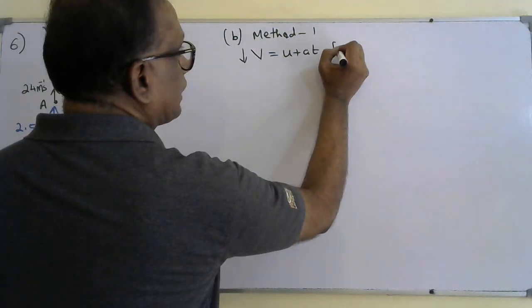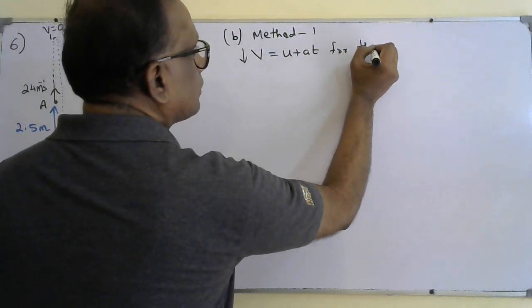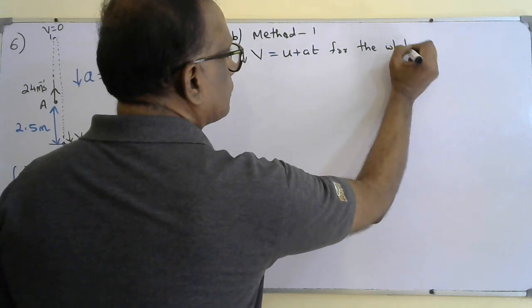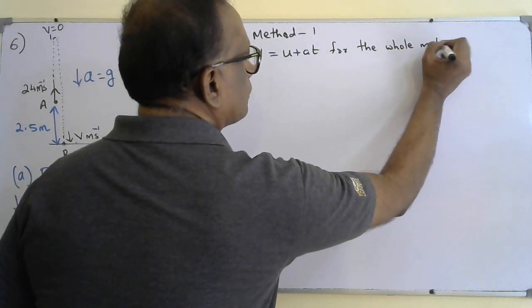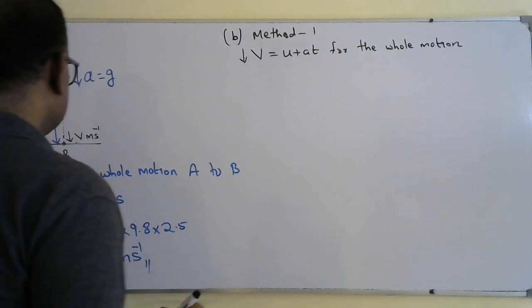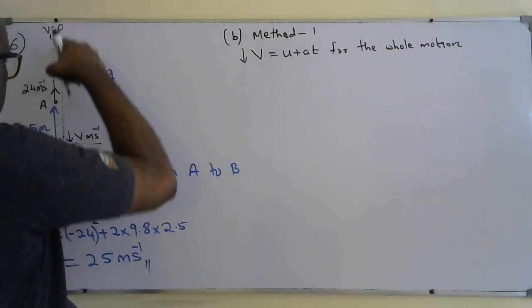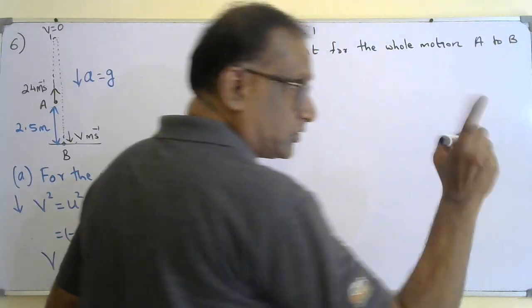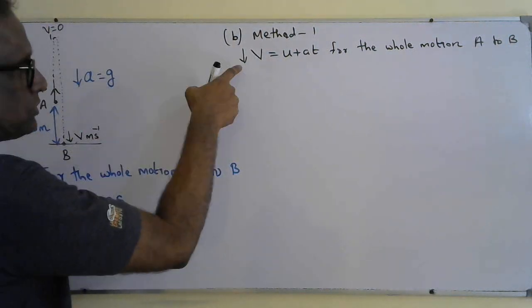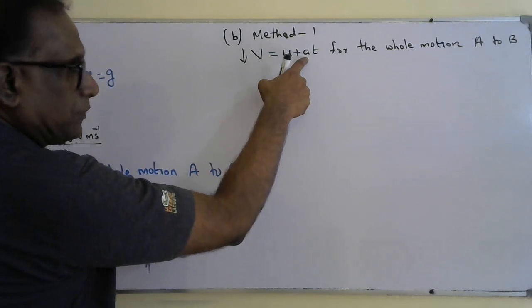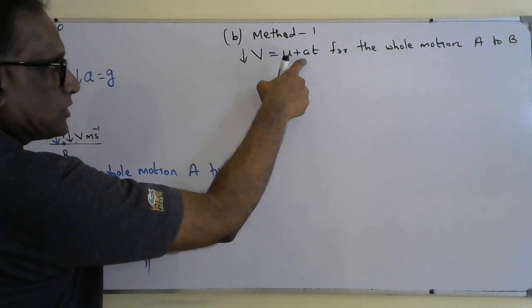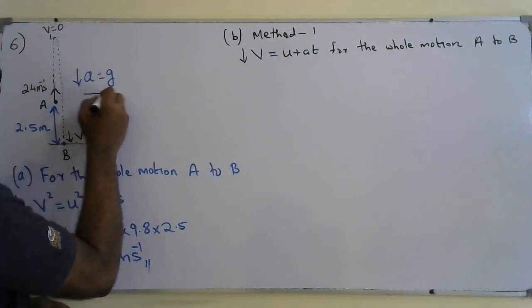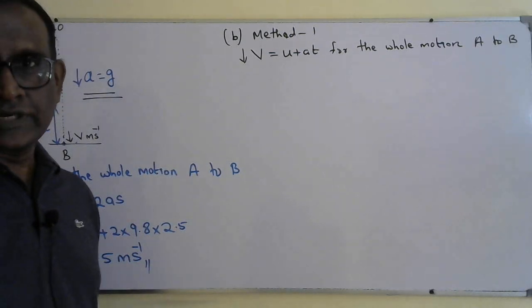For the whole motion from A to B, going up and coming down, throughout the motion acceleration is down. I'm using the downward direction, so for me, a will be positive. I'm taking downward direction positive. Throughout the motion, a is not changing. Careful, that's the biggest mistake students make.